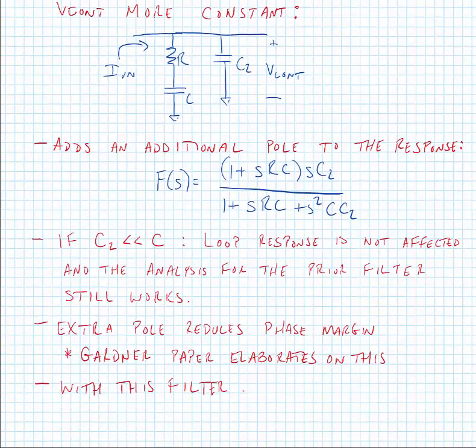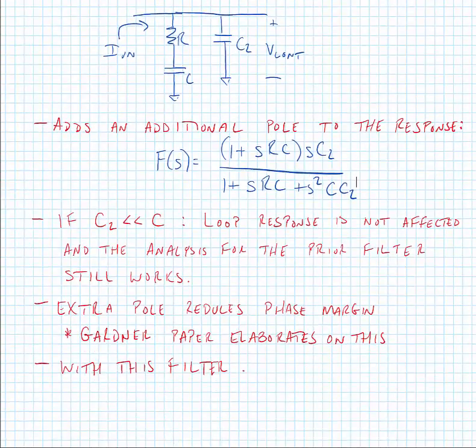Now, if C2 is much, much smaller than C, the loop response isn't affected too much, and the analysis that we did for the prior filter still works fairly well.